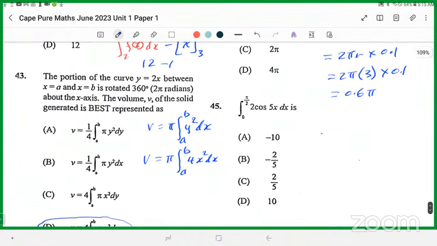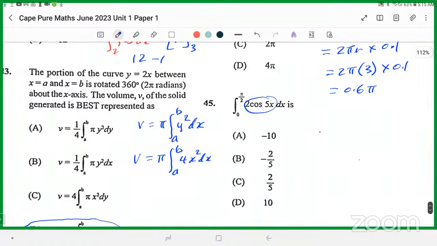Next one, last question. To integrate this between 0 and pi by 2. All right, so firstly, I'm going to write the 2 outside here. So it becomes 2 into, integrate cos x, you're going to get sine, because you differentiate sine, you get cos, but then you have to divide by the differential of this 5x.